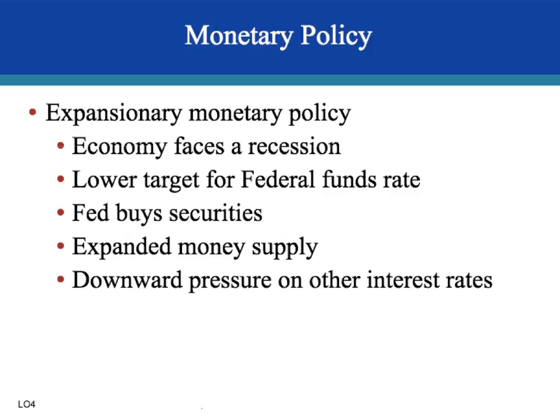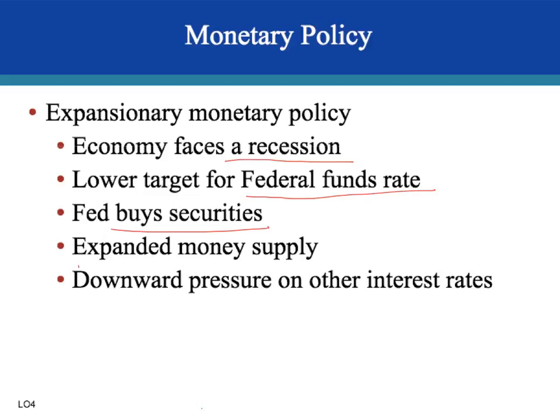So when the Fed wants to expand the economy, they engage in expansionary monetary policy. They use this during times of recession or very slow growth, and so they want to lower the federal funds rate. The Fed will then buy securities. When the Fed buys securities, the reserves of banks increase.